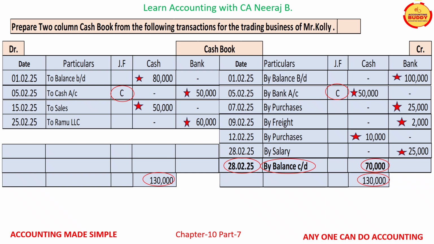Now let us do the total of the bank column on the right hand credit side of the cash book, which in our illustration comes to $152,000.